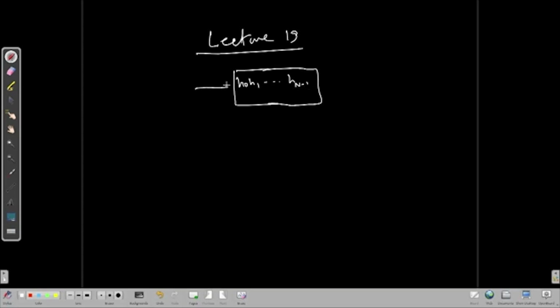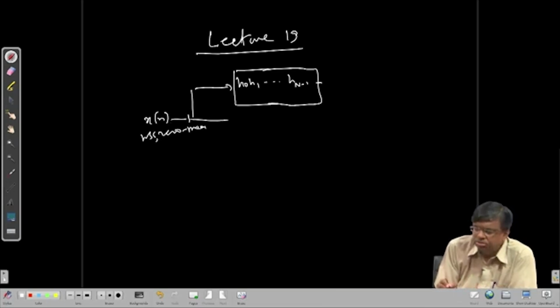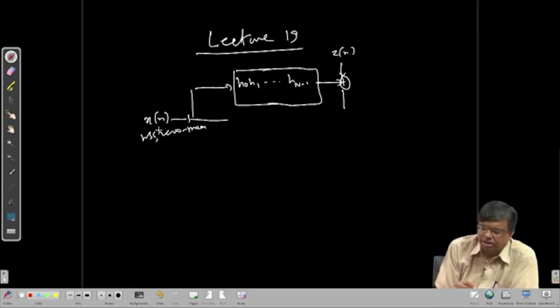If you give a WSS zero-mean random process at the input, and the noise which gets added in various parts of the system, you can add the entire noise effect at the end, call it Zn, and this noise is zero mean and statistically independent of Xn.